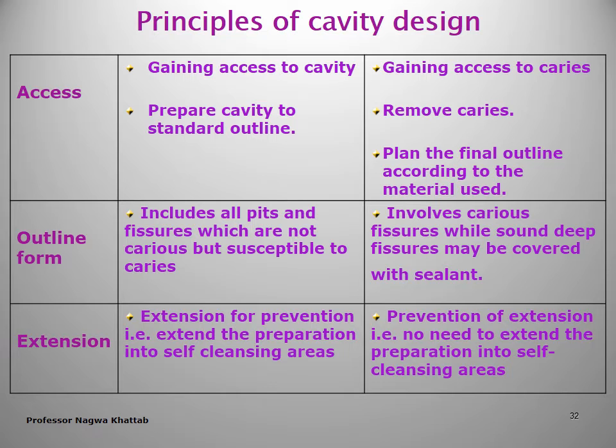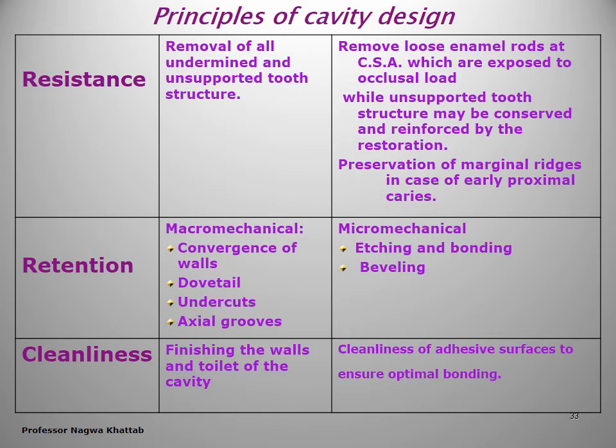While in the modern concept, we gain access to the caries lesion only, remove the caries only, and plan the final outline. The same for the outline extension: no extension for prevention in the modern concept, but there is an extension for prevention in the surgical model or GV Black concept.